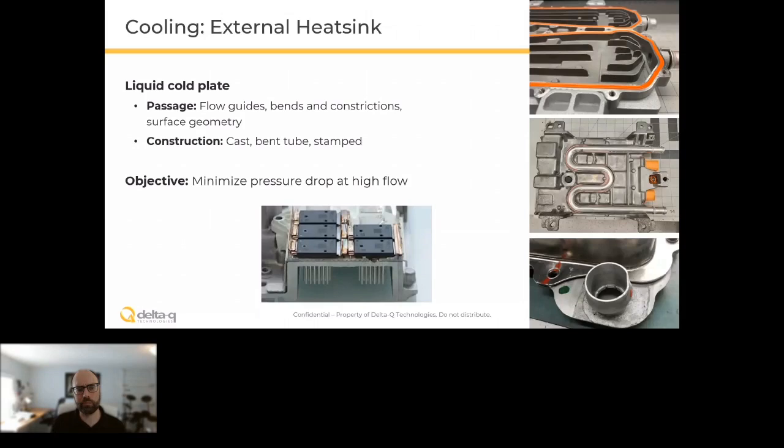Generally speaking, what you're trying to do here is minimize the pressure drop at a high flow. And what I mean there is that a liquid-cooled onboard charger is usually not what the liquid cooling system was designed for.